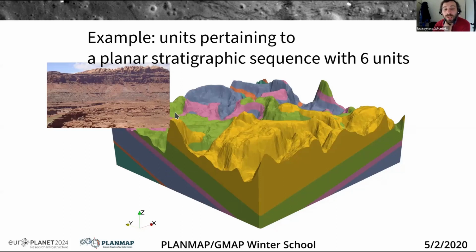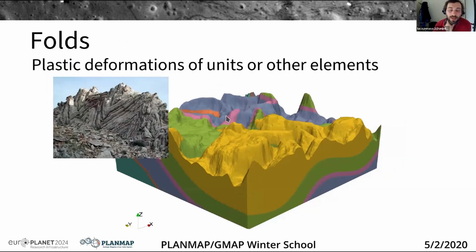And of course, the attitude of those geometries might vary in space, might be different. So to model something like this is not very difficult, but of course, then naturally, you can find more complex things like folds. Those are the building blocks that you would like to put in your model.